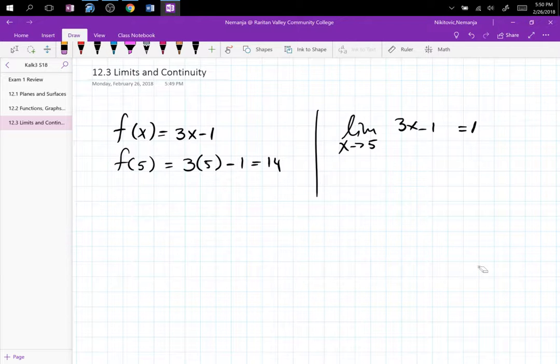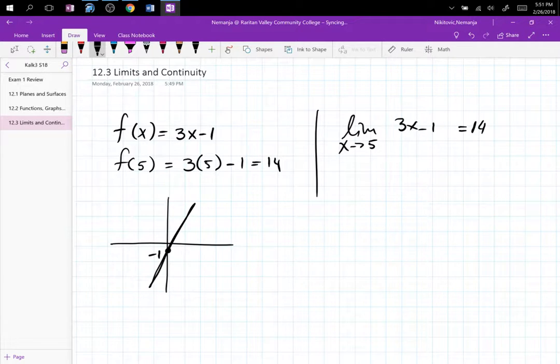But the way it was computed was very different. 3x minus 1 graphs as a linear line through -1, and the way you would compute is you would go to 5, and then the line would go straight up and bounce into 14. So this is your pre-calculus world.